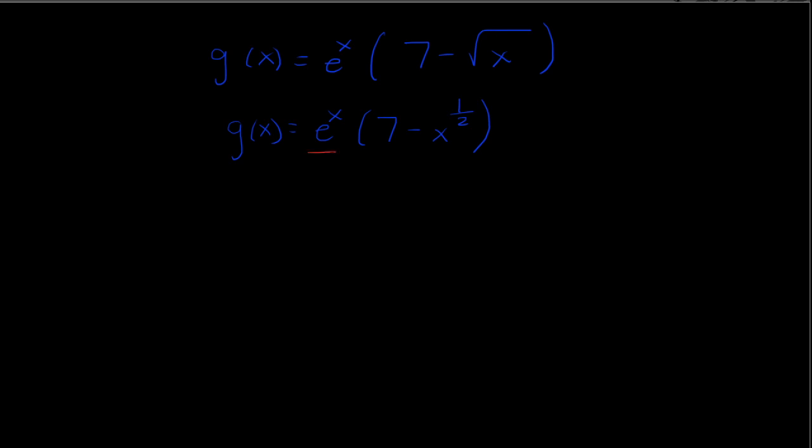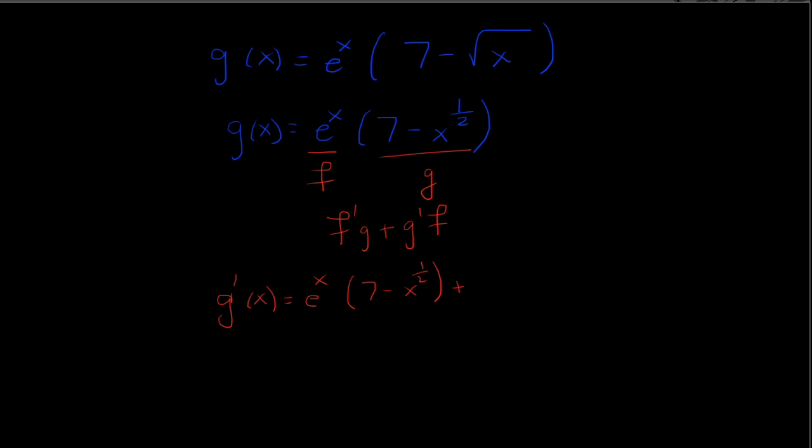I'm going to label e to the x as f, 7 minus x to the 1/2 as g. I'm looking for f prime g plus g prime f. The derivative of e to the x is e to the x. I'm going to leave g alone.